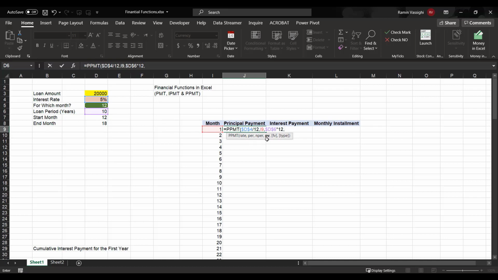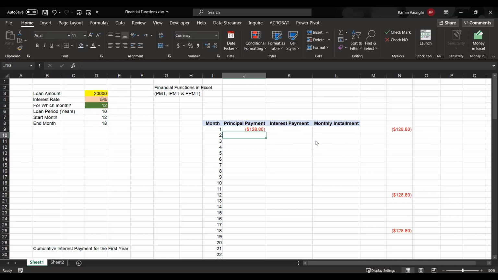And PV would be present value, or the amount of a loan that we are having. In this case, it is 20,000. For future value, we leave that one aside, and in this case, we're paying at the end of a period, and close parentheses, enter. That gives us our principal for the first month.